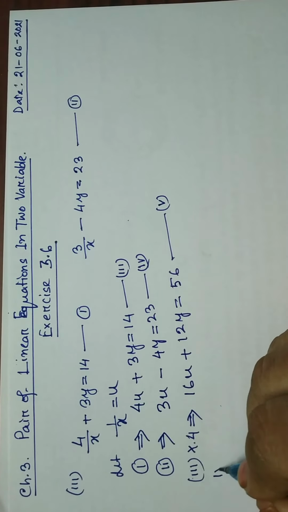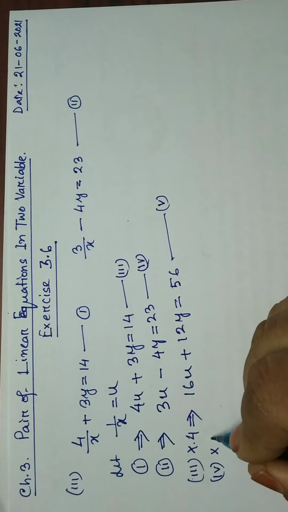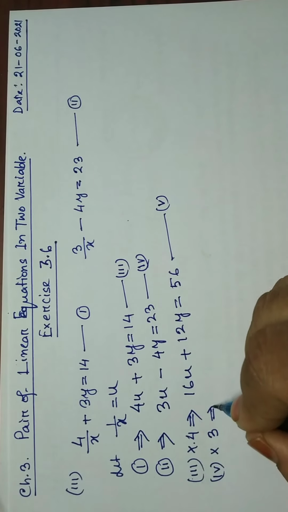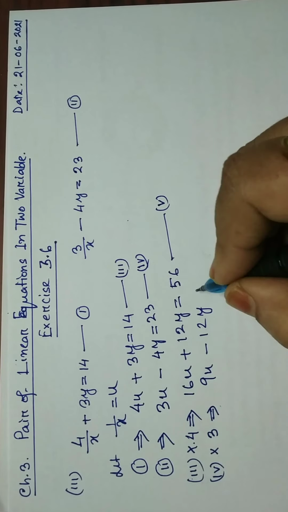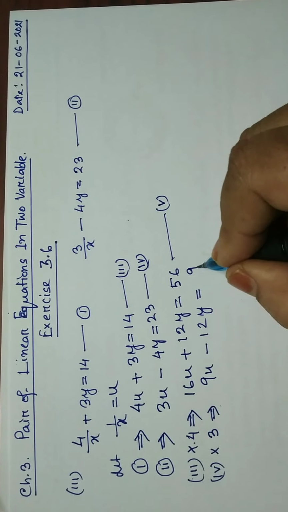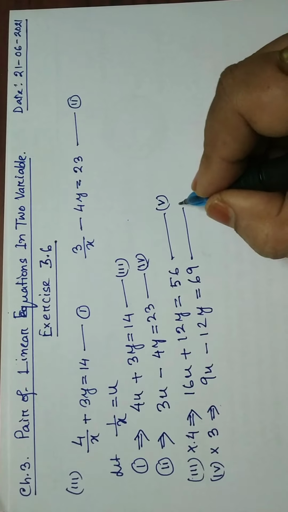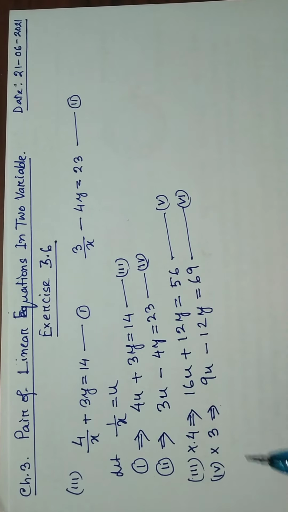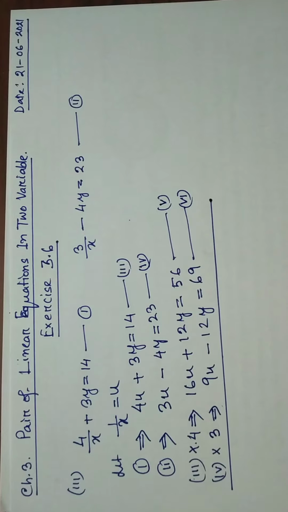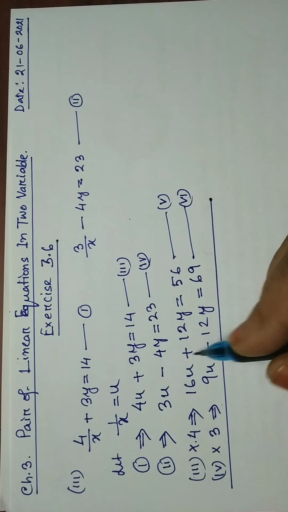And equation number 4, if we multiply it by 3, then 3 times 3 is 9u minus 12y equal to 3 times 23... 3 times 2 is 6, 3 times 3 is 9, that is 69. This is equation number 6. Now to eliminate y, we have to add, because here the signs are opposite.